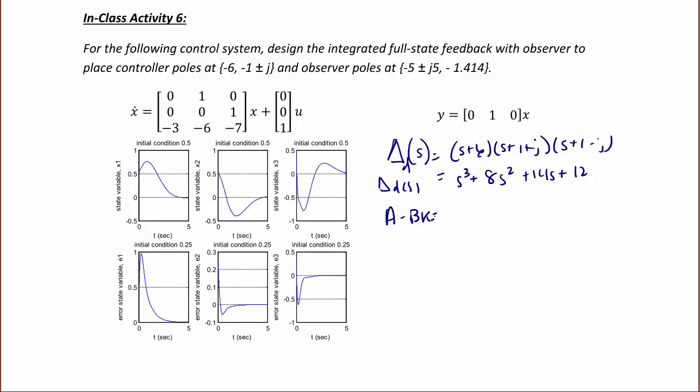A minus BK is equal to [0, 1, 0; 0, 0, 1; -3 - k1, -6 - k2, -7 - k3].